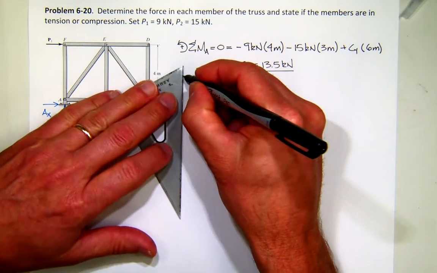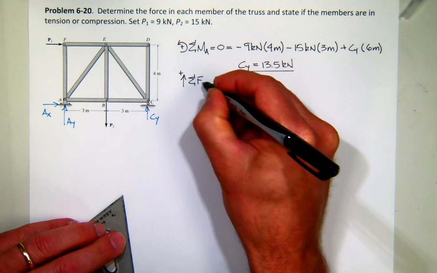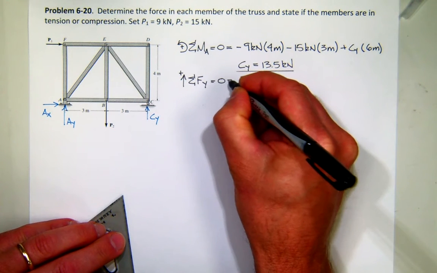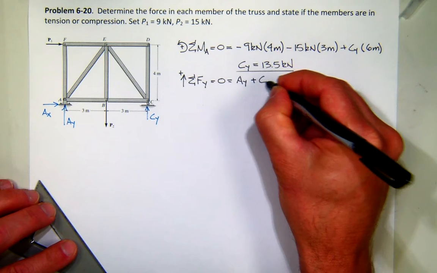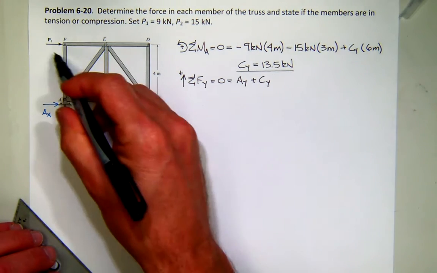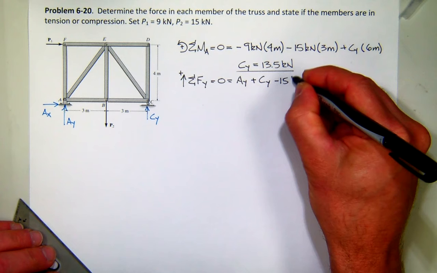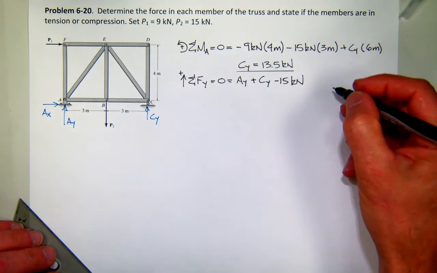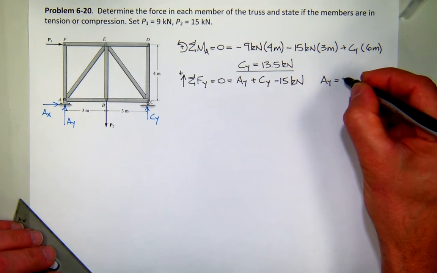Now I'll come in and sum forces in the y direction, making sure I'm in equilibrium. I have Ay acting up, Cy acting up, and P2 acting down, which is minus 15. From that I can find that Ay should be 1.5.